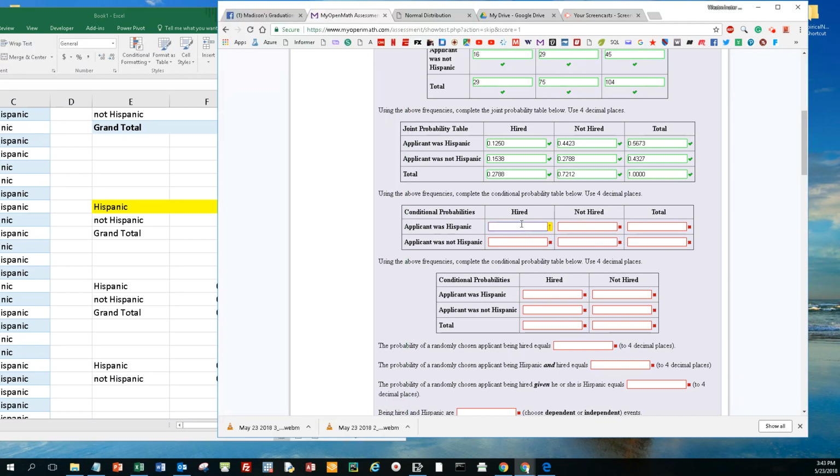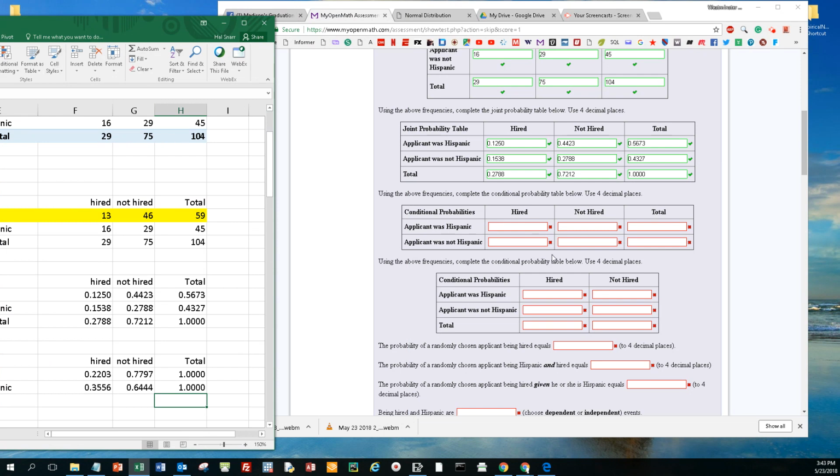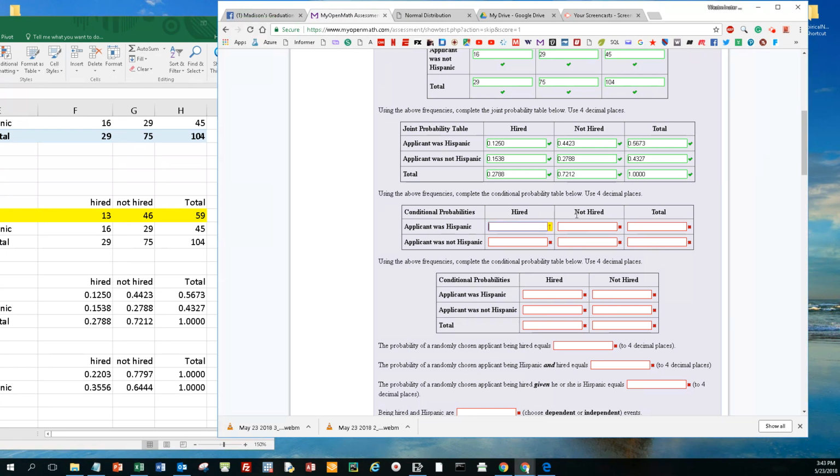So now I can type these in here. Whoops, let me move this over here so I can get these numbers. So the probability of an applicant being hired given they're Hispanic is 0.2203. The probability an applicant is not hired given they're Hispanic is 0.7797. And then this total is 1.000.